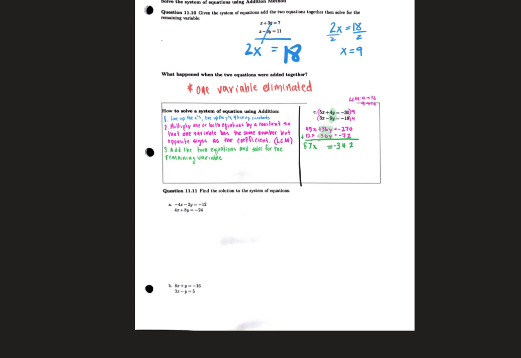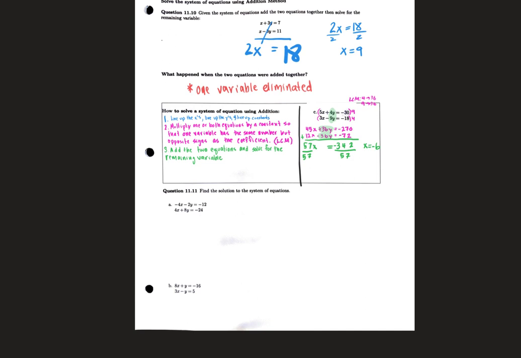I have the x, so I'm going to solve for that. I'm going to just divide both sides by 57. And we get x equals negative 6. Okay, so there we go. We have the x solved for.